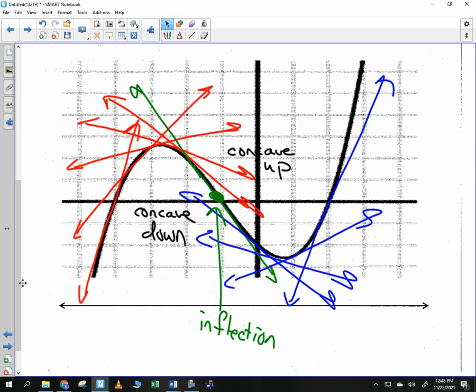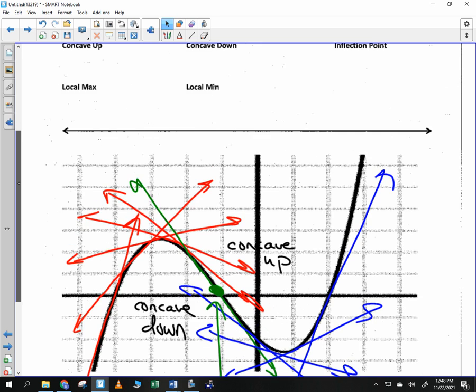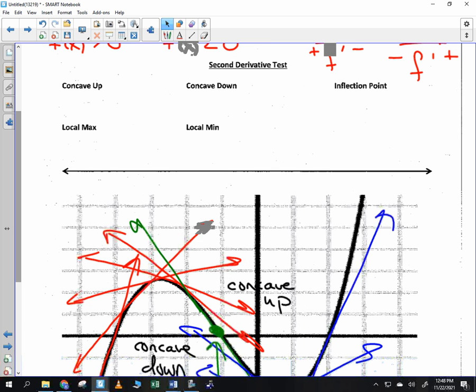So in this situation, you notice that the red lines, that the slopes are becoming more and more negative, and then finally they switch to becoming increasing, becoming positive, right? So the point of inflection is where the second derivative changes sign. So let's define these. A graph is concave up when f double prime of x is greater than 0. So whenever the second derivative is greater than 0, that's where it's concave up.